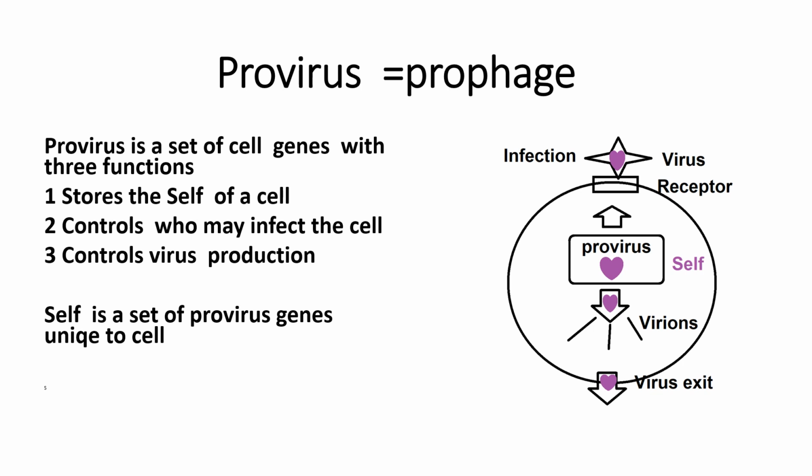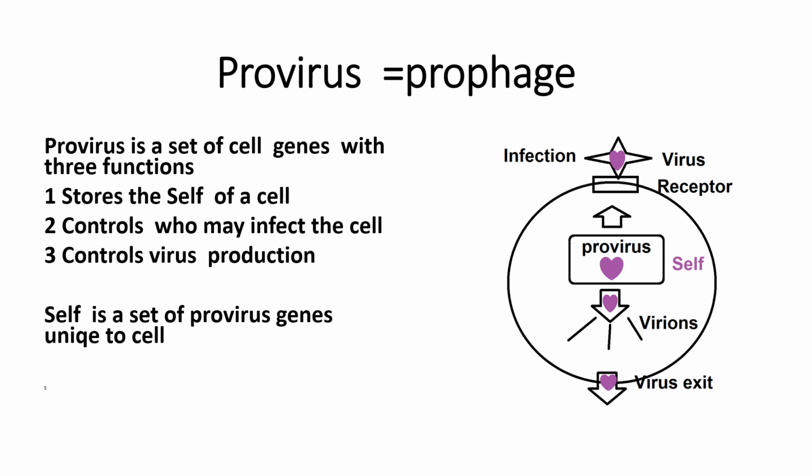So let's see some definitions. Provirus or prophage is a set of cell genes with three functions. It stores the self of a cell, it controls who may infect the cell, and it controls virus production. And the self is a set of provirus genes unique to each cell.